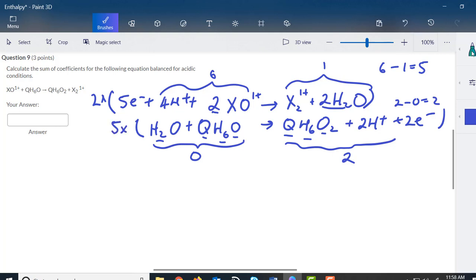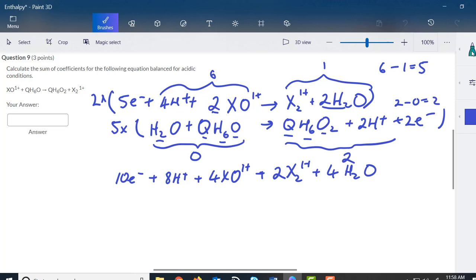Now what I'm going to do is show you how this all pans out once I multiply through by all of that. So it'll be 10 electrons plus 8H plus 4XO 1 plus gives 2X2 1 plus 4H2O. Put an arrow there.